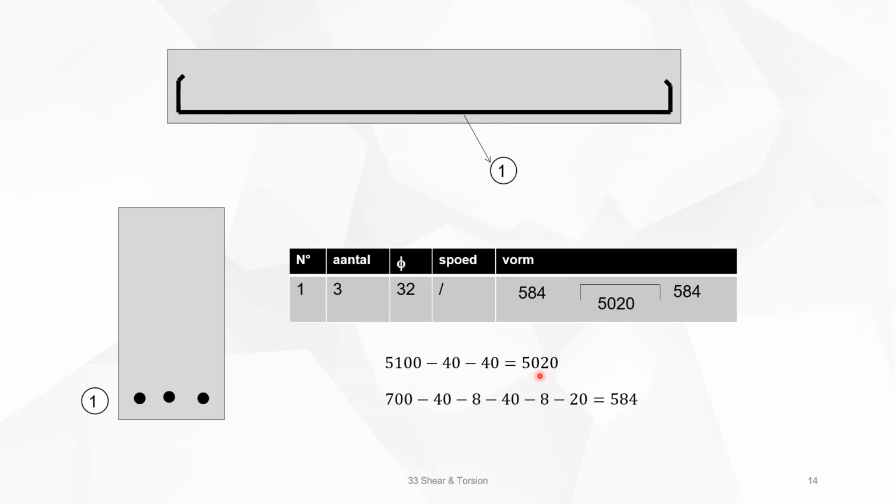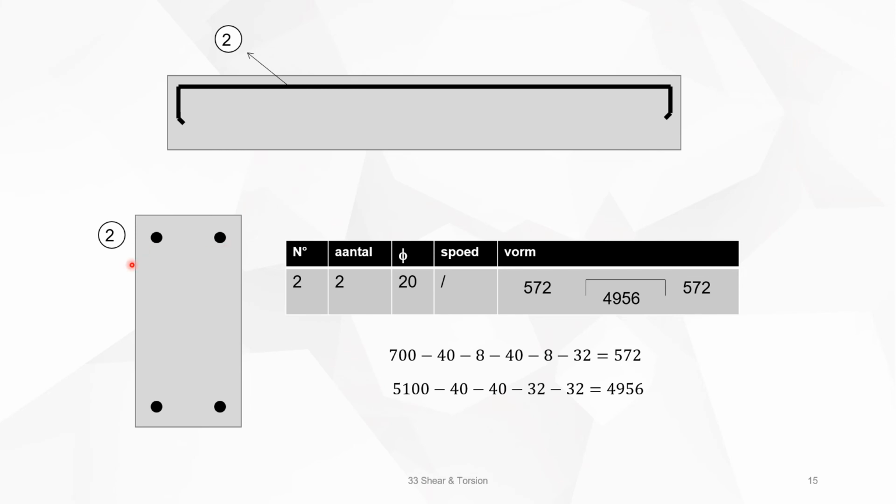The bend up portion comes from the total depth of the concrete section, 700, minus concrete cover, minus the stirrup, and then again minus concrete cover and stirrup, but also minus diameter 20, which is the compression reinforcement.